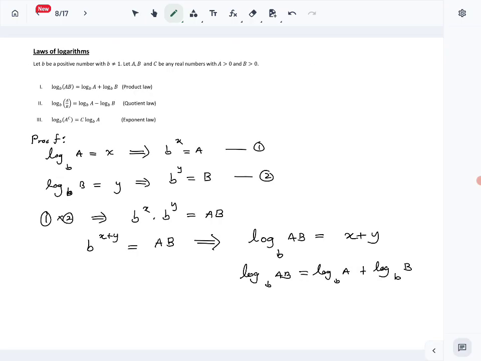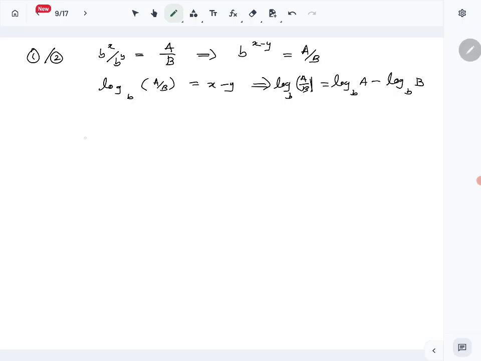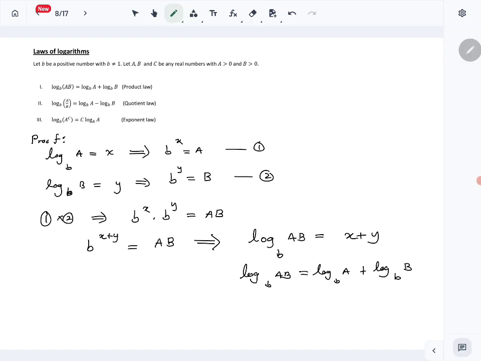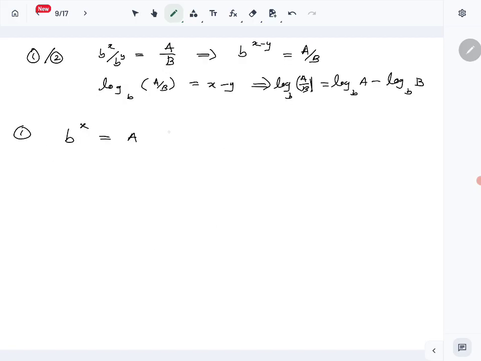Right. Then let's look at the third one. So we want this, right? We know from the first equation b to the x is equal to a. Then let's raise this to the c power: b to the x to the c equals a to the c.